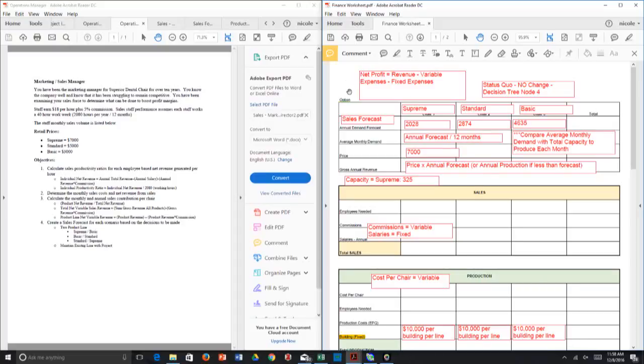Okay, so the first video we had covered our revenue, but our equation is net profit equals revenue minus variable expenses and fixed expenses. So let's go back to our sales data and take a look at how many employees we're going to need.